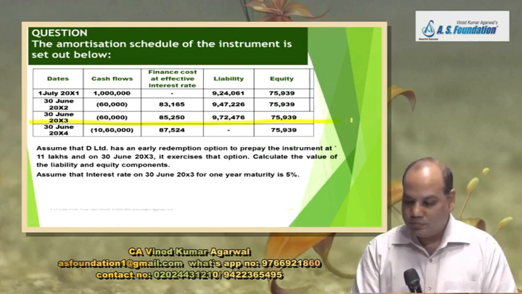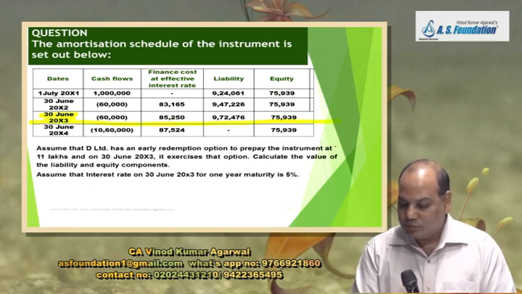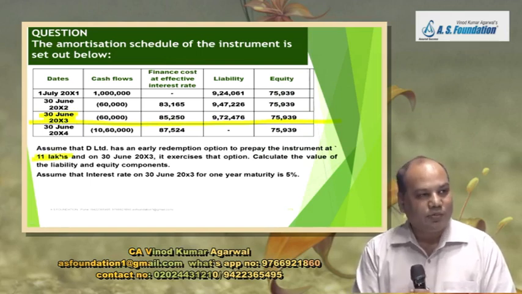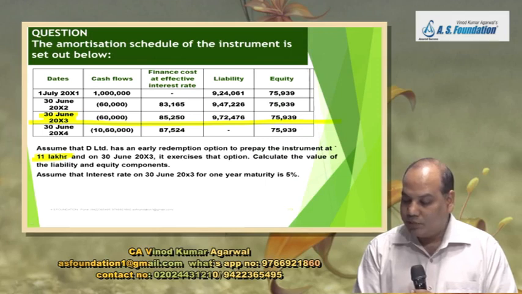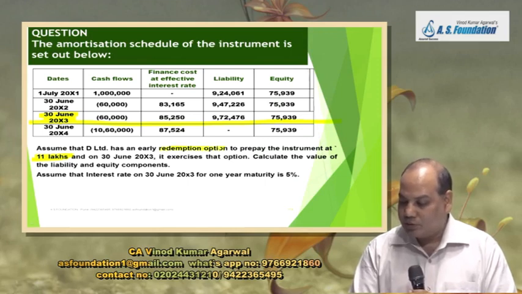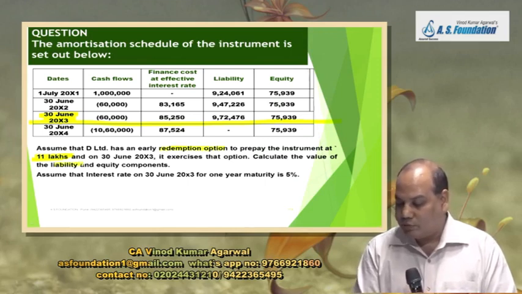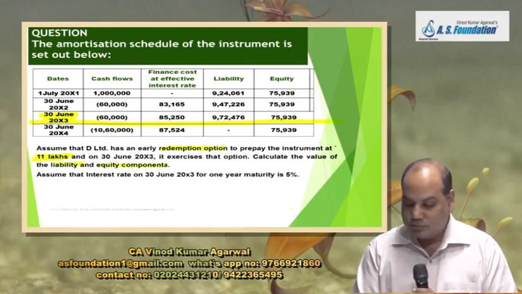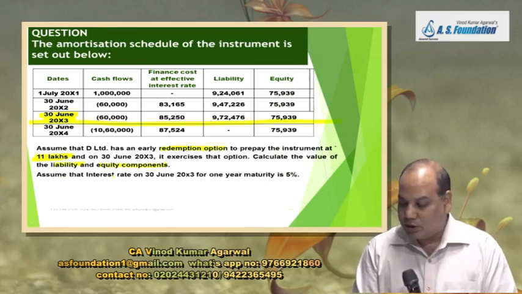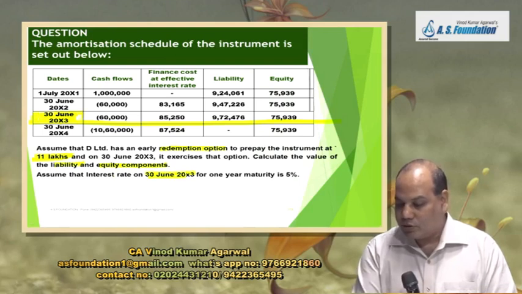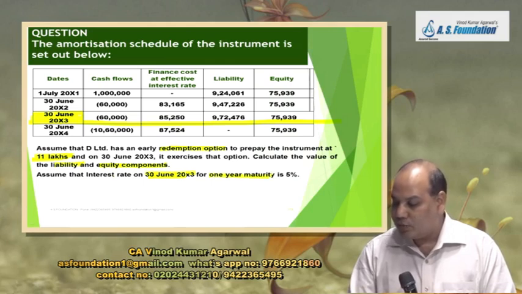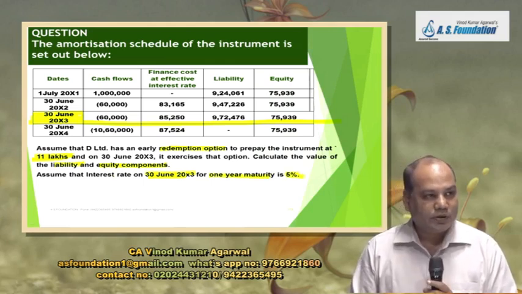So at this point, it will pay 11 lakh rupees and it will redeem the convertible bond. Calculate the value of the liability and equity component. Assume that the interest rate on 30th June 2003, for 1 year maturity, is 5%.